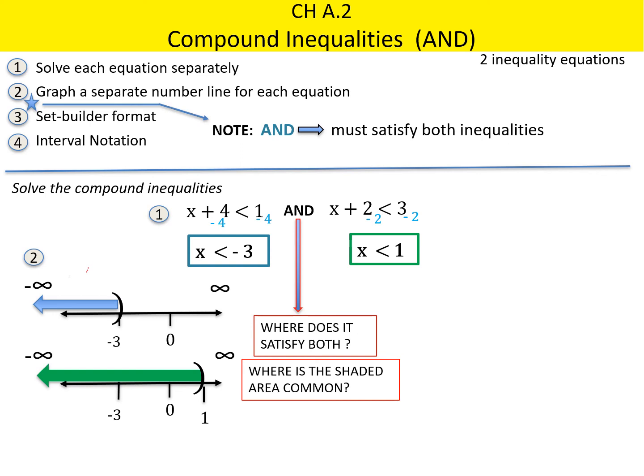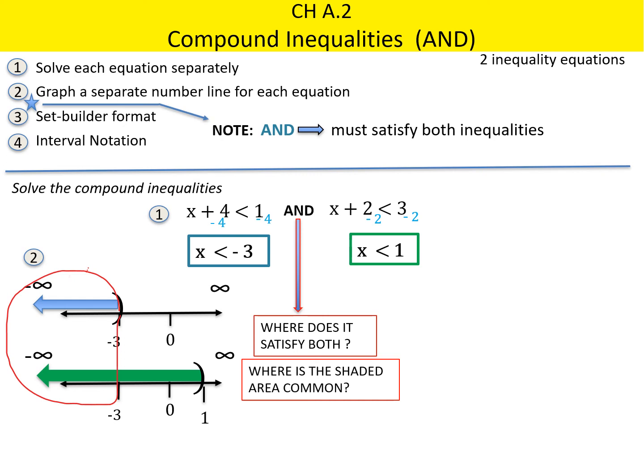Think of the other question. Where is the shaded area common? That may help you also. Look for the common area where they're both shaded on the number line. Well, we come over here and I see both of these are shaded here, and that looks common. And it is.